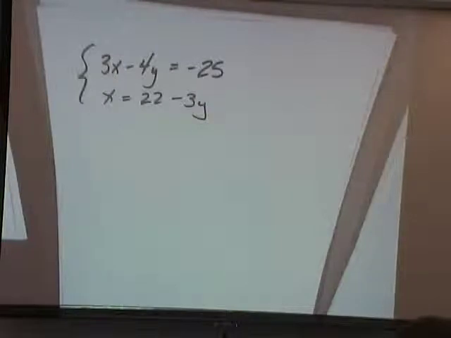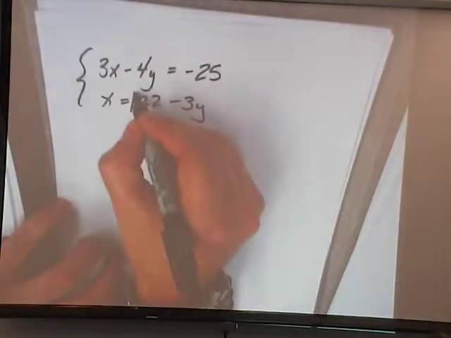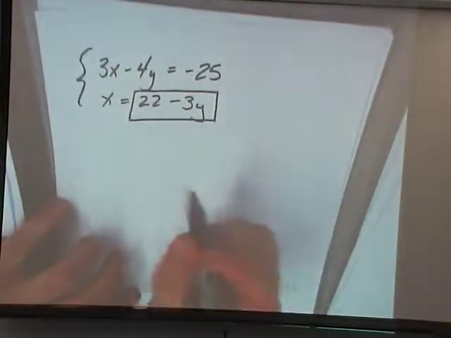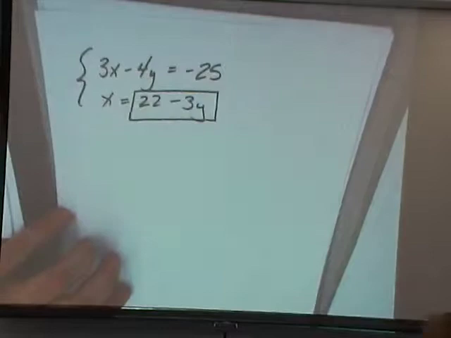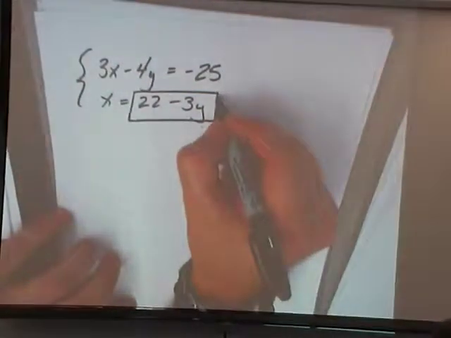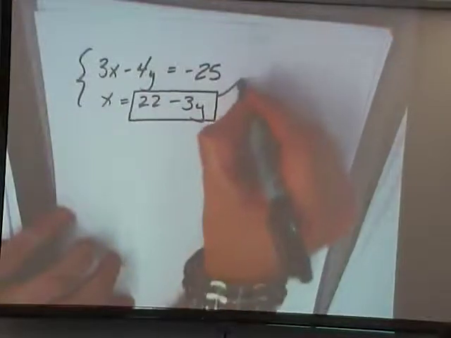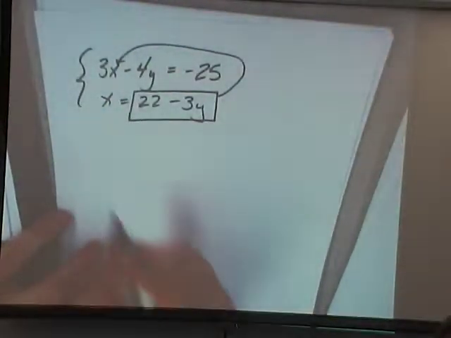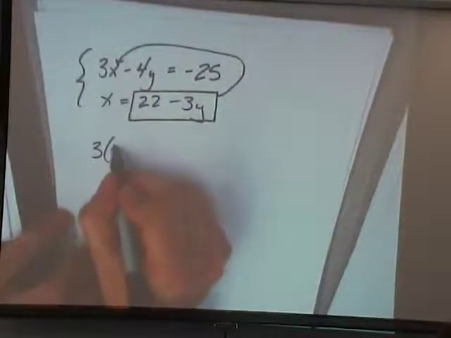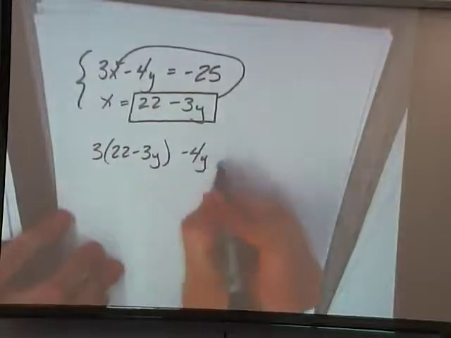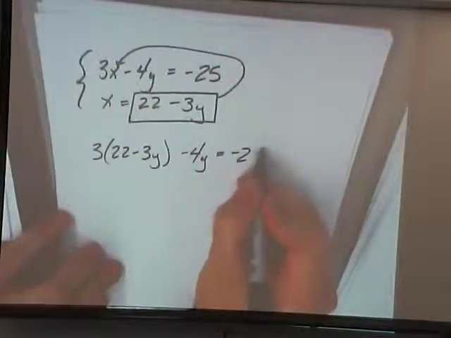When I taught you about substitution and elimination, you'll notice it's already set up for substitution because one of the variables is solved for. x is equal to 22 minus y. So I would substitute that in for the x. That'll give me 3 times (22 minus 3y) minus 4y is equal to negative 25.